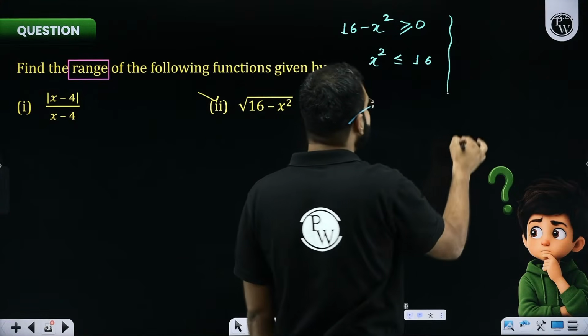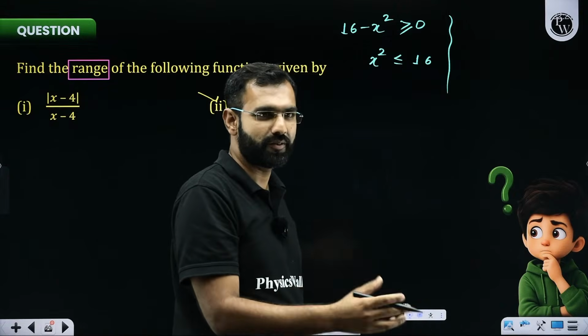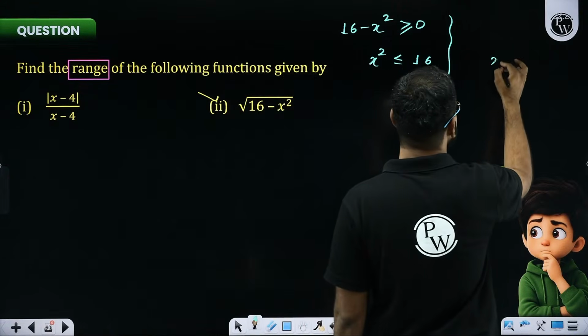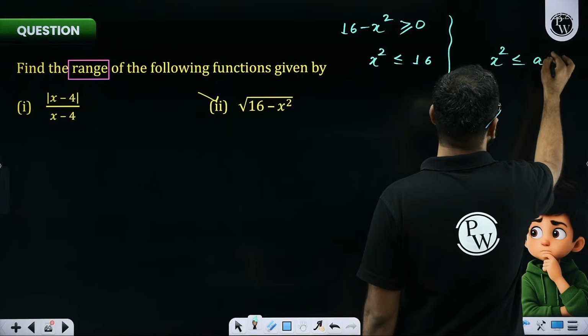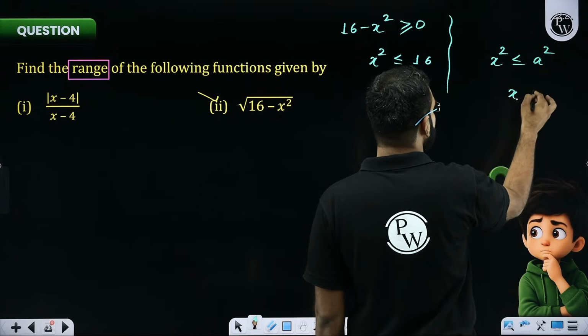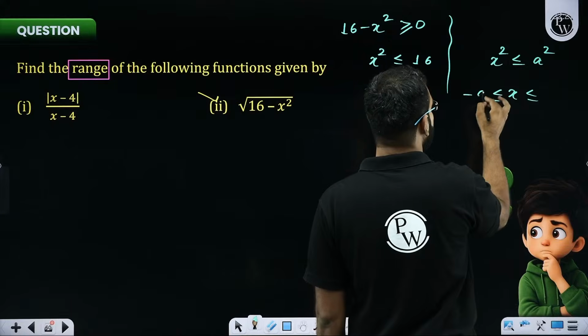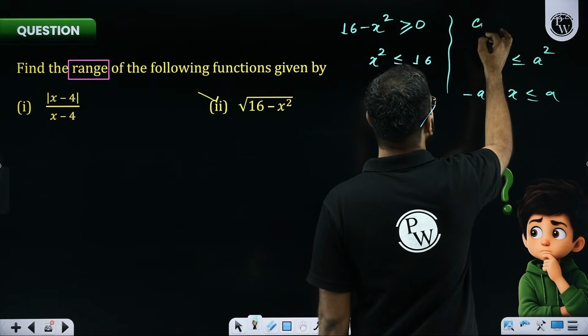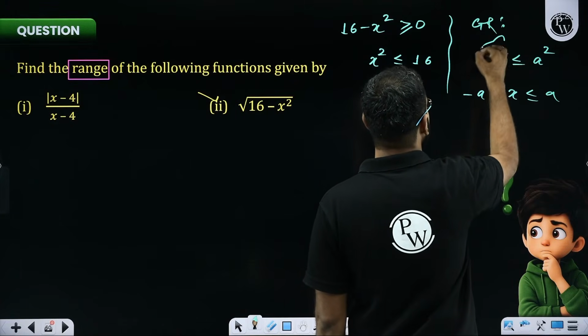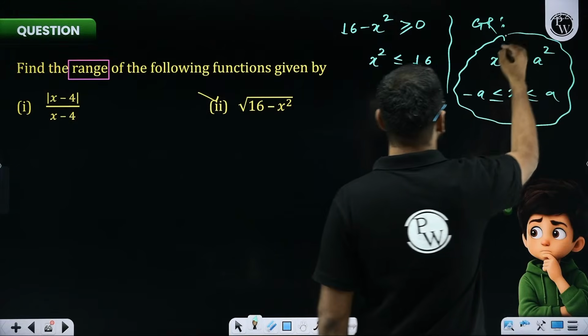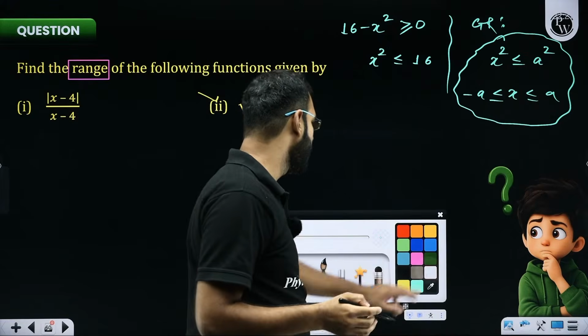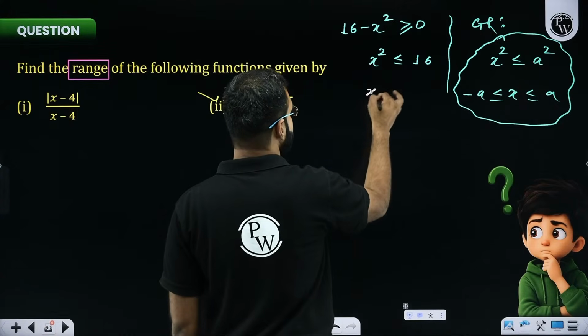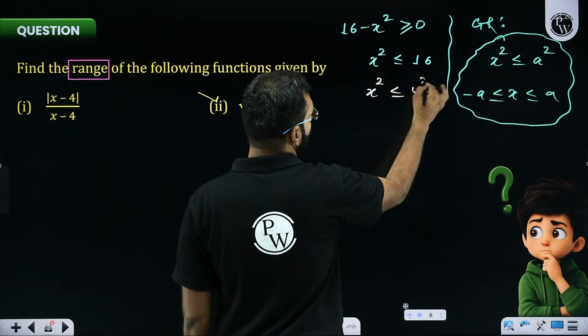Now, this is what we teach in our basics math session as well, that if you ever see x square to be less than a square, where a is a positive number, then you say x will be lying between minus a to a. This is a general result, which I hope and expect that you would remember. Did you all get it? So here, if x square is less than or equal to 16, I'll say x square is less than or equal to 4 square.